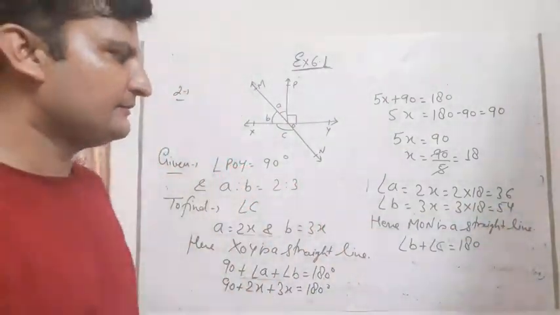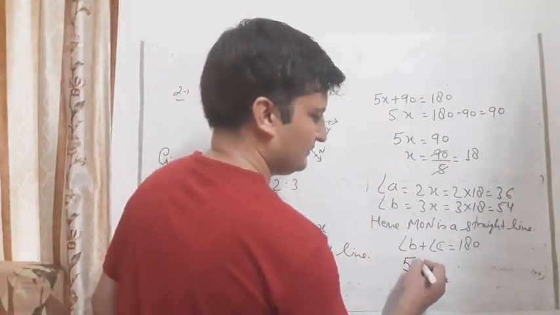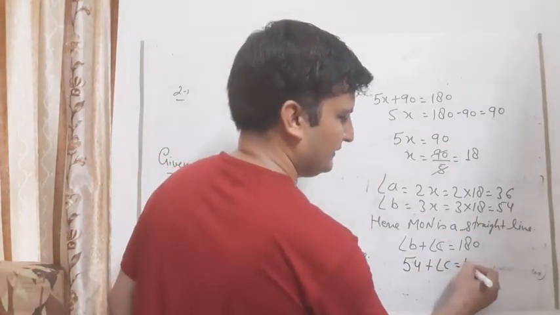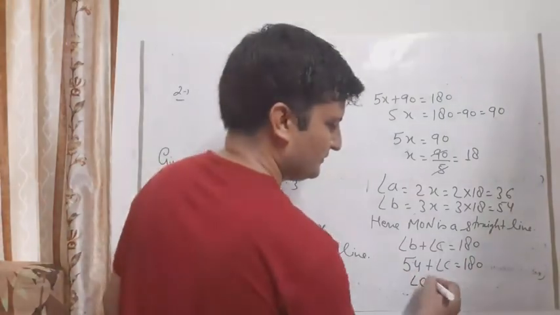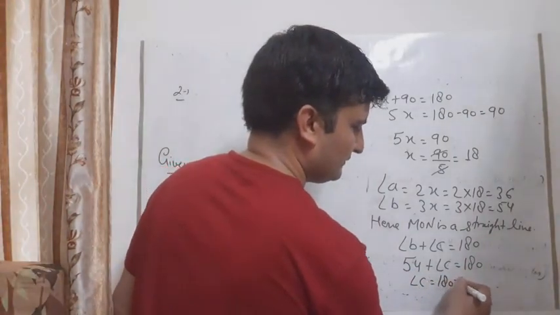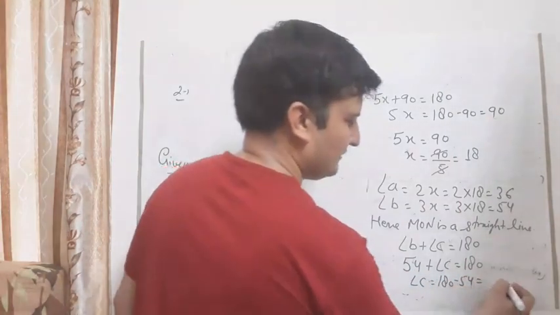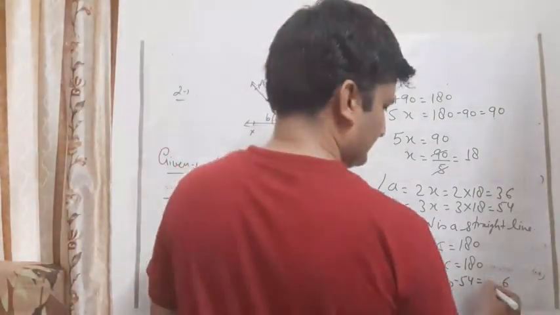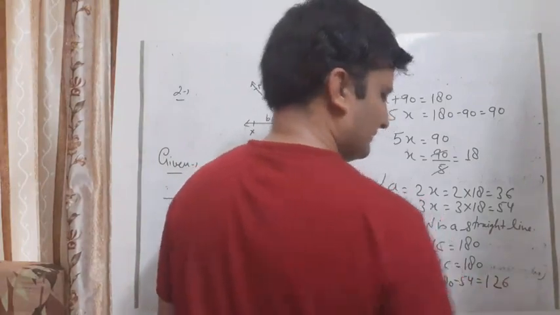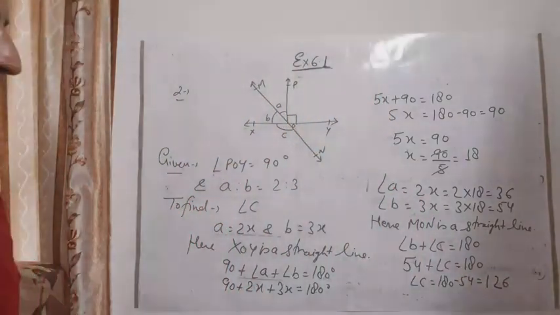The value of angle B is 54 degrees, plus angle C is 180. So angle C is equal to 180 minus 54, which is 126. So the value of angle C is 126 degrees.